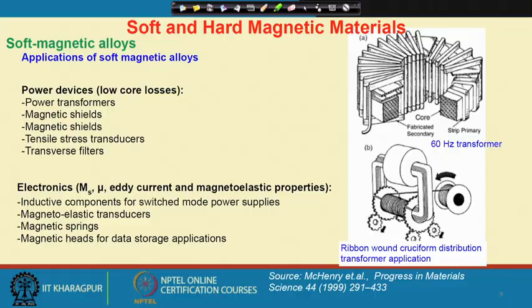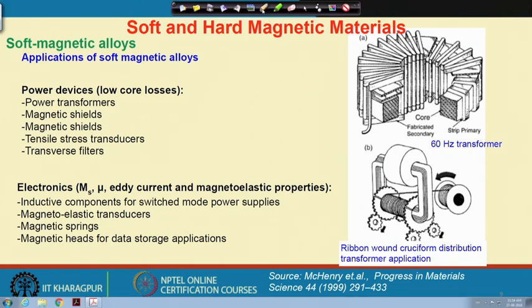soft magnetic material. Now, one part is sure that for a transformer core we need soft magnetic material. There is no doubt about it, because we can achieve a low core loss and eddy current loss and so on, and magnetic shielding material is also possible. The tensile stress transducer can be possible, or let us say transverse filter can also be possible.